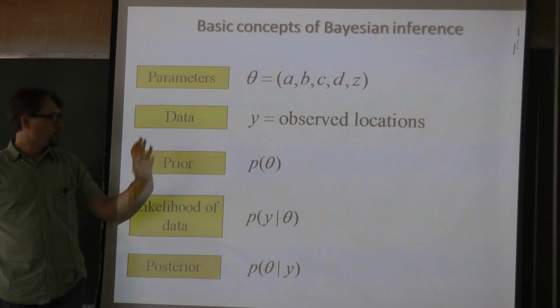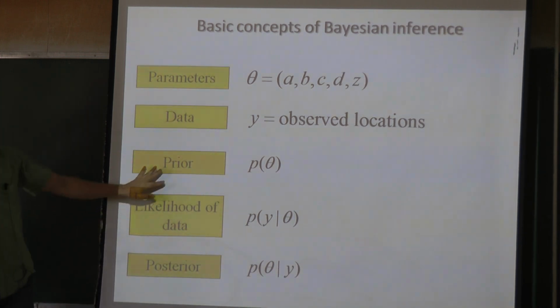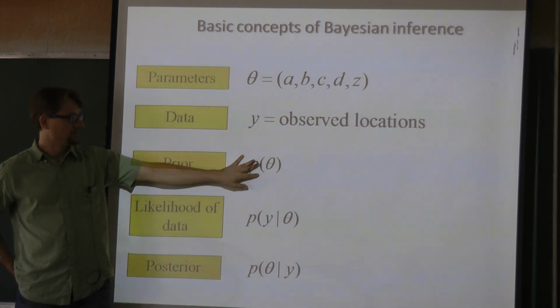So this is clear. Y is the data, so the observed locations in this case. Then we have this prior. So prior is something that we set to the parameters.